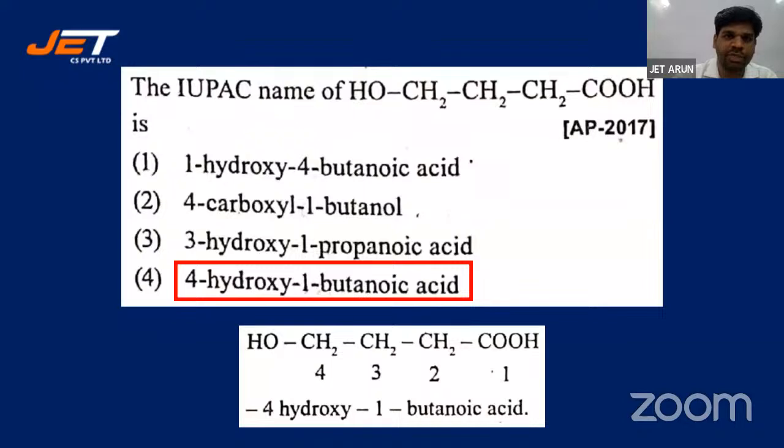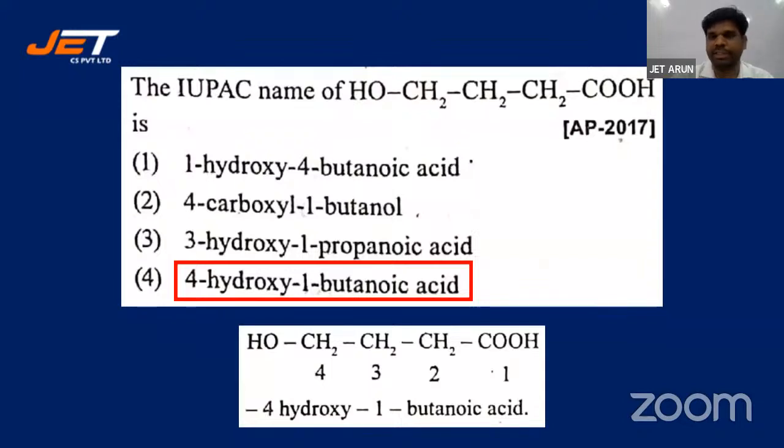The alcoholic hydroxyl group is given number 4, attached to the carbon atom. I do not number it in the reverse order. That is decided by the reactivity, and there are certain rules for the IUPAC nomenclature. So we give number 1 for the COOH group, higher priority, next priority to the OH group. So I give 1, 2, 3, 4 from right side.